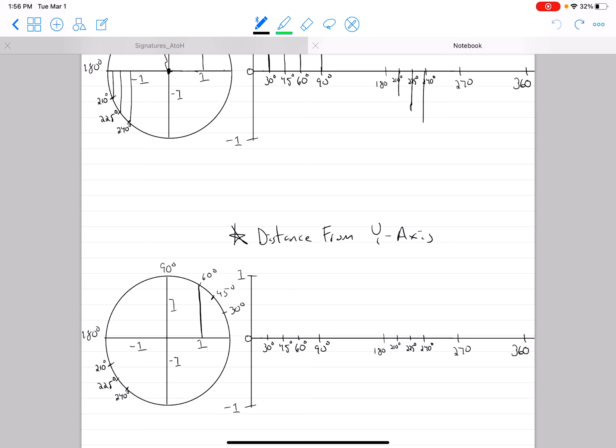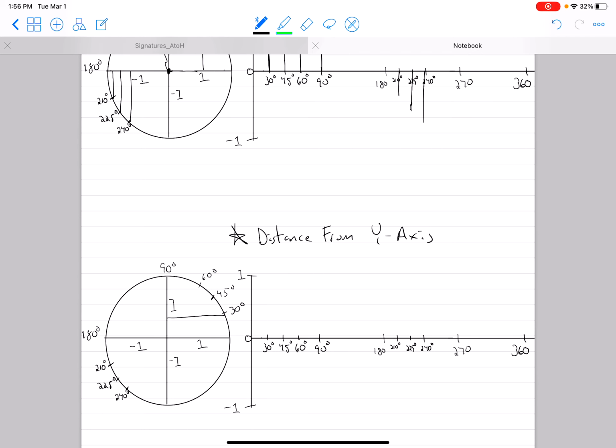Oh, no. Tripping. Let's start with 30. Sorry, you all. Just take that part out. 30 goes from here to here because I'm measuring distance from the y-axis.